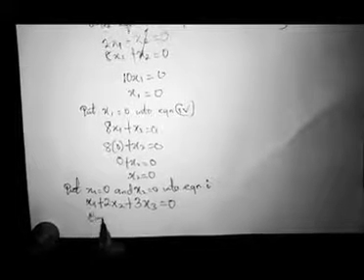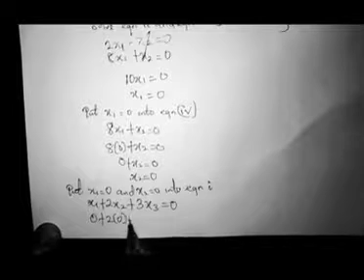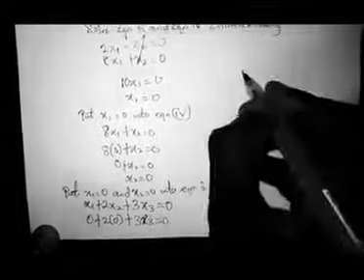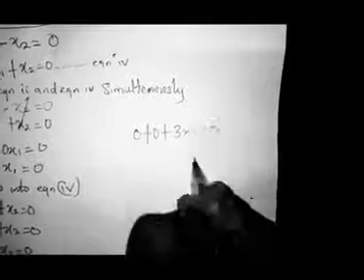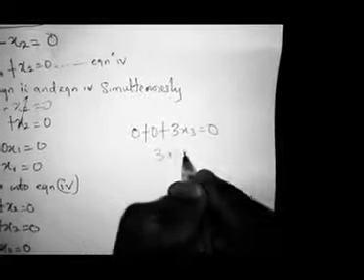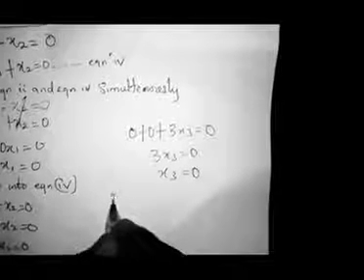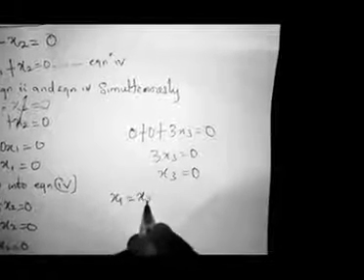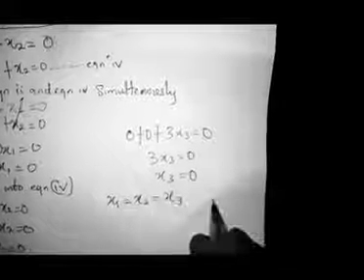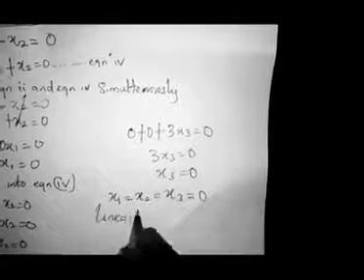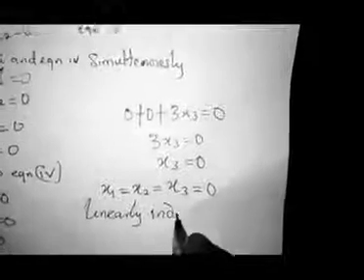So that will be 0 plus 2 into bracket 0 plus 3x3 equals 0. That will be 0 plus 0 plus 3x3 equals 0, and that will be 3x3 equals 0. Then your x3 will be 0. So you can see from here that your x1 equals your x2, equals x3, and they are all equal to 0. So therefore the vectors are linearly independent.